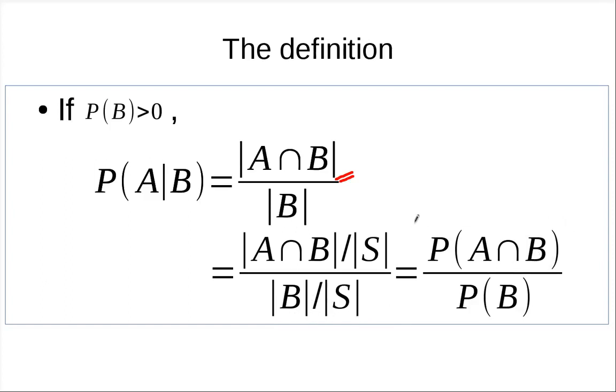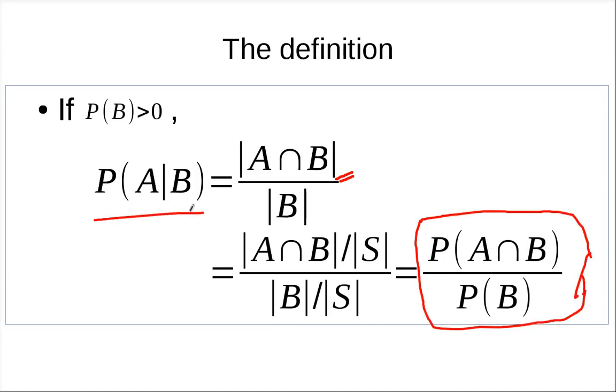So now we have this nice formula that gives the conditional probability of A given B in terms of normal probabilities, in terms of A intersection B and the probability of B. This is one of the most important concepts and formulas in probability theory.